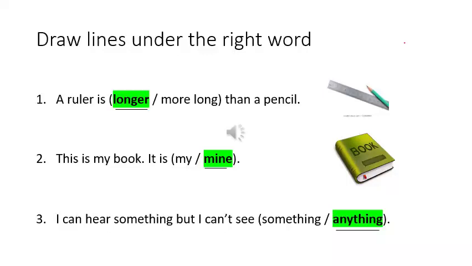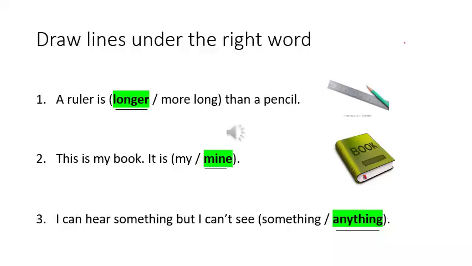Question number 3. I can hear something, but I can't see dash. Now, in this sentence, we are talking about a person who can hear something, but he cannot see. When he cannot see, it means he cannot see anything, right? So how will you write the sentence?